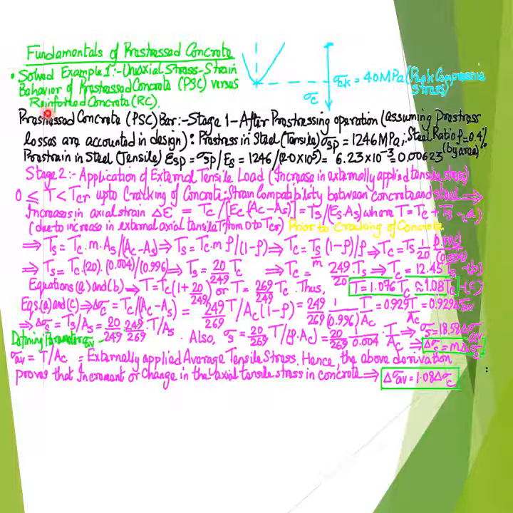And defining the uniaxial stress-strain path or the uniaxial stress-strain response of the concrete as well as the steel, that is the pre-stressing steel in the pre-stressed concrete bar.